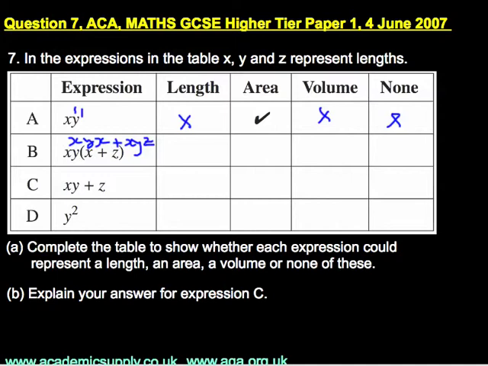Here we get 1, 1, 1, 3. So 3, as we discussed before, is the cube term. So it's not an area and it's not a length, and it's not none of these.